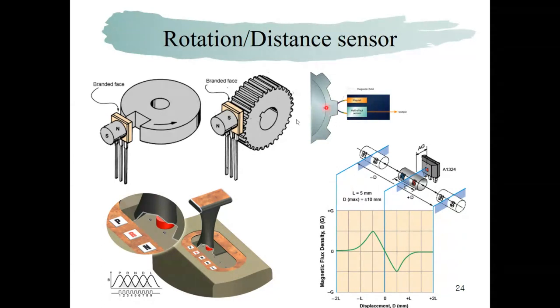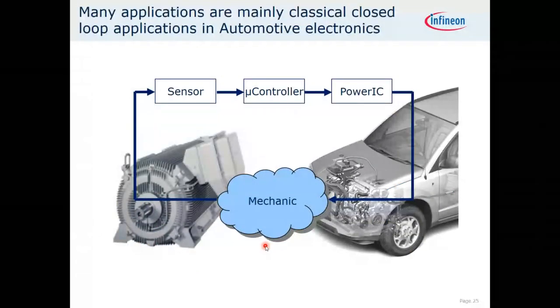And also, there is some kind of position sensor. This is the gear in an automobile, and with the position of the shift, you can detect the position of this shift bar by the magnetic sensor. So there are many magnetic sensors inside of any kind of machine, even though you didn't recognize it.